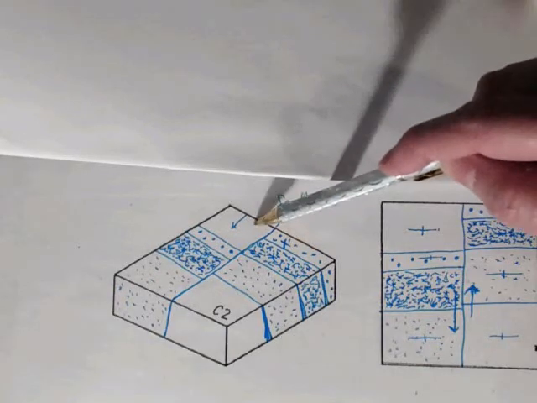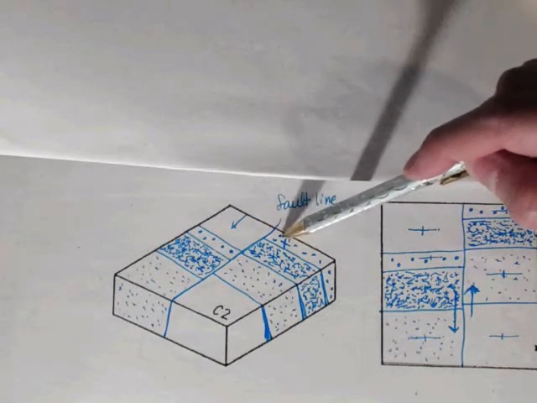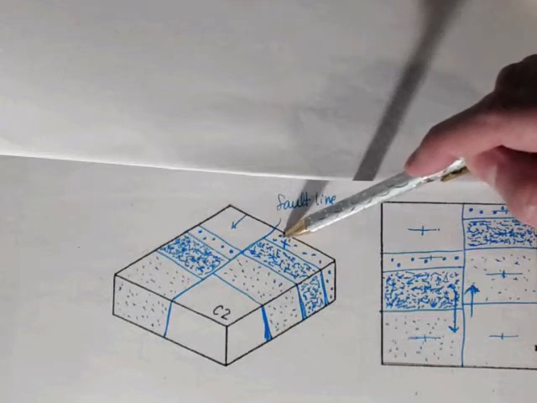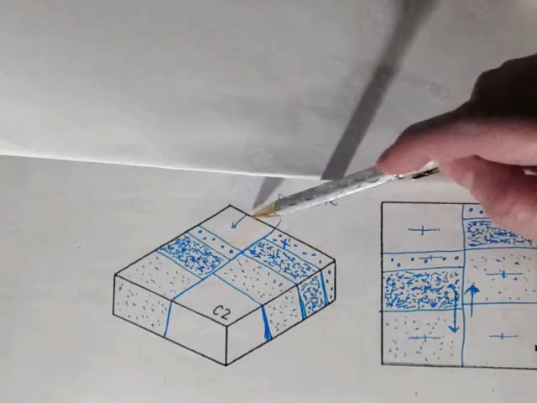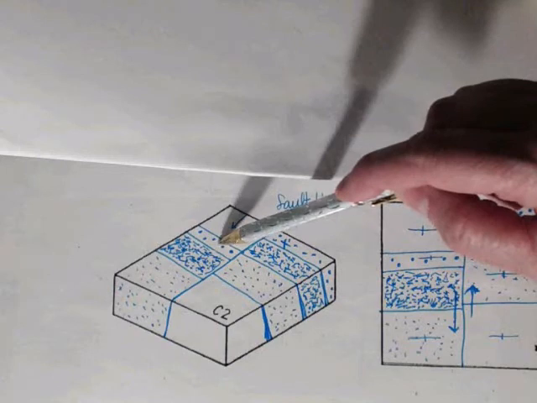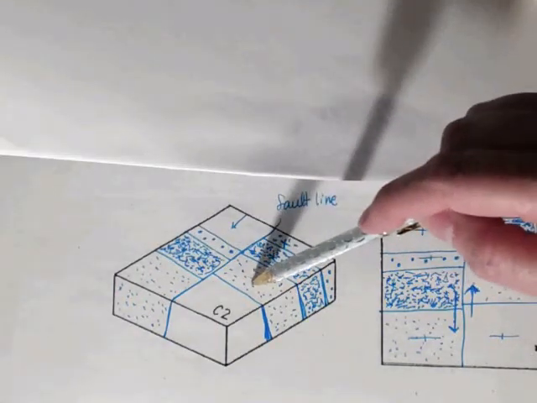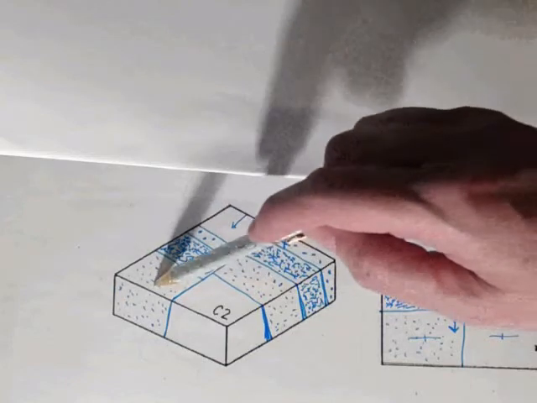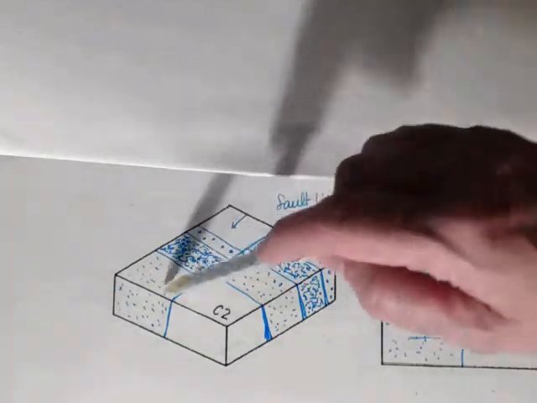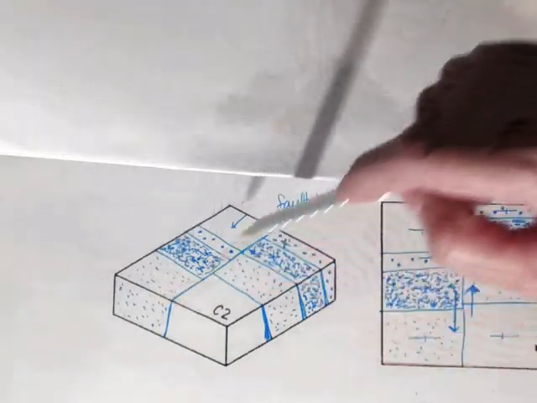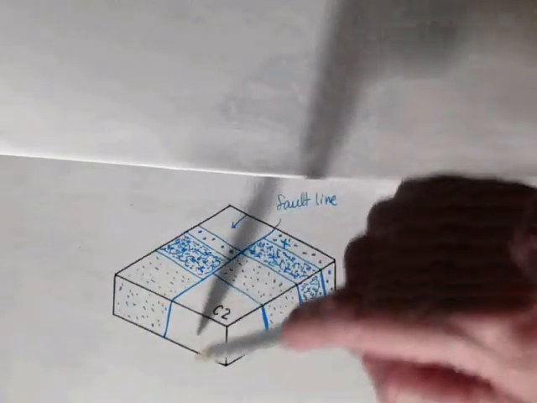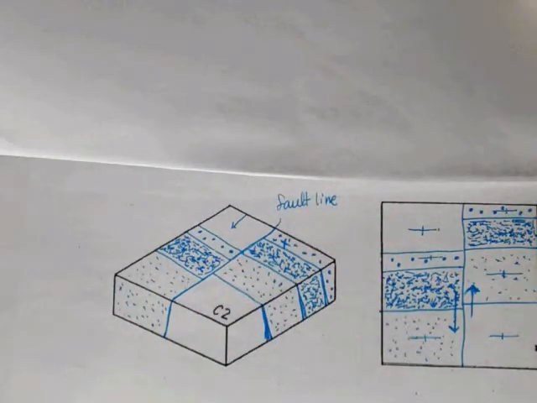This time we notice that this sparsely dotted bed actually moved off to the left. Heavily dotted bed, again, to the left. Sparsely dotted bed here, to the left. So the motion of this crustal block across the fault line was to the left. So this is a left lateral strike slip fault. That's the name of the structure.